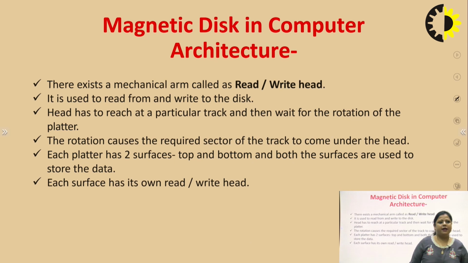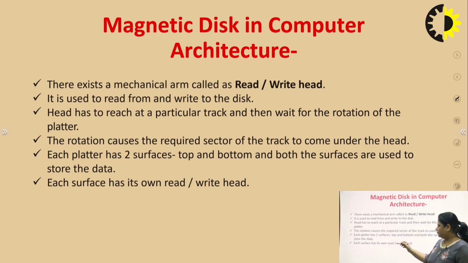To read from or write to the disk, the head has to reach a particular track and then wait for the rotation of the platter. The rotation causes the required sectors of the track to come under the head.